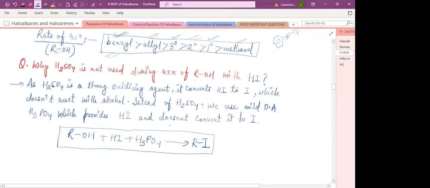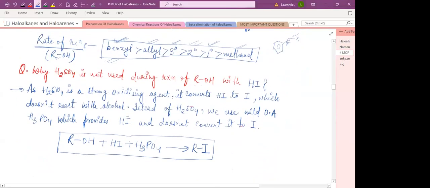Now here's a question. Why is sulfuric acid not used during the reaction of alcohol with HI? We know that sulfuric acid is a very strong oxidizing agent, so it can easily convert HI to I2. Because it is a strong oxidizing agent, it can easily remove the hydrogen and convert HI to iodine, which doesn't react with alcohol.